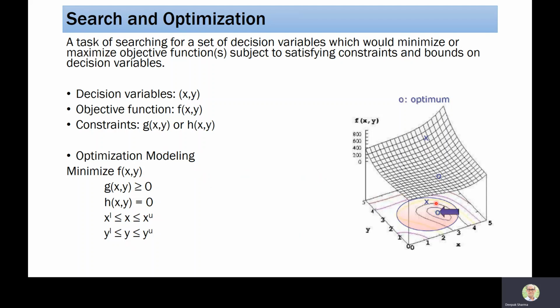Let us take this as the optimum solution. Since we don't know, we start with a point, say x, which has a certain value of x and a certain value of y. This is the cross. Now we have some way of moving towards this O, which represents the optimum solution for the given problem.